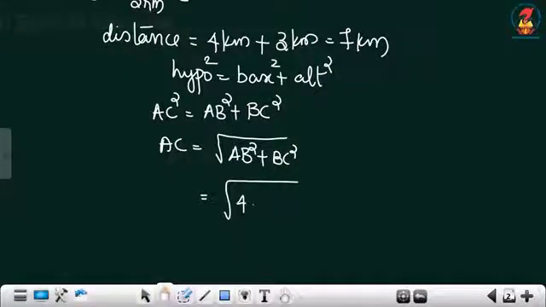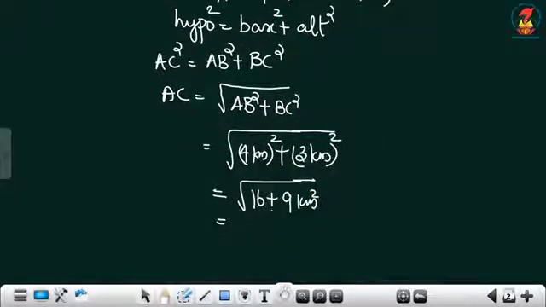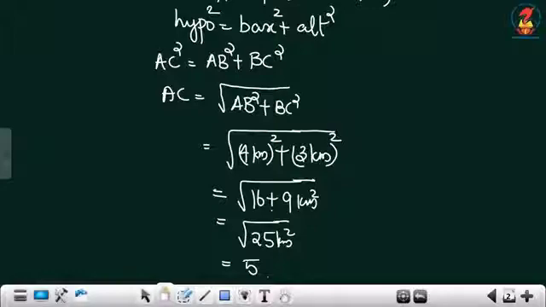AB is 4 kilometer, square, plus BC 3 kilometer, square. So, 4 square is 16, plus 9, kilometer square. 16 plus 9 is root 25 kilometer square, that is equal to root 25, which is 5 kilometer.